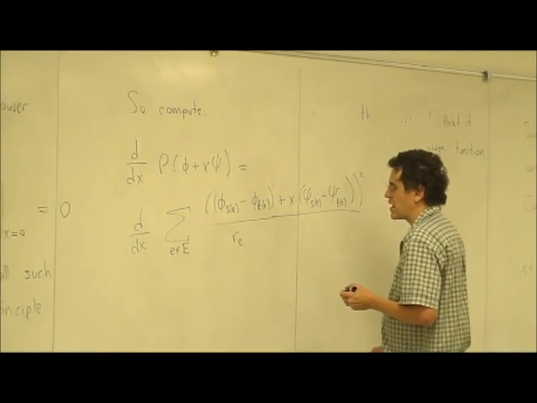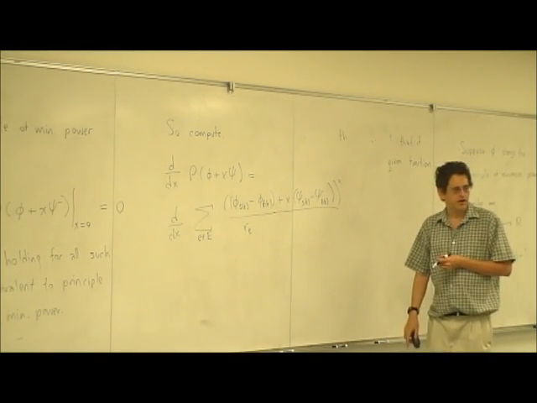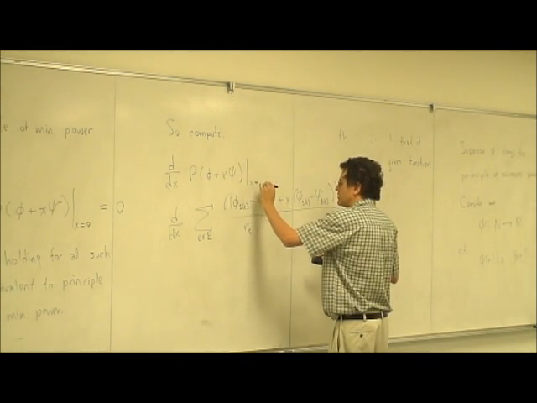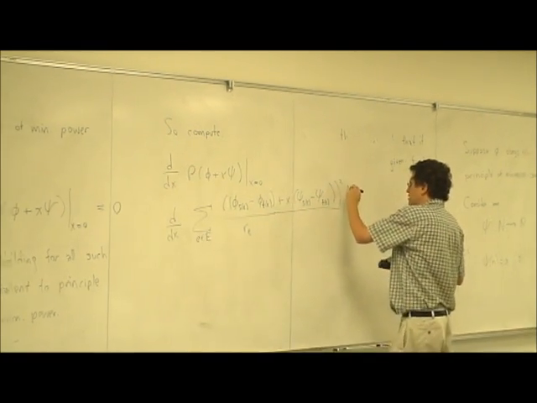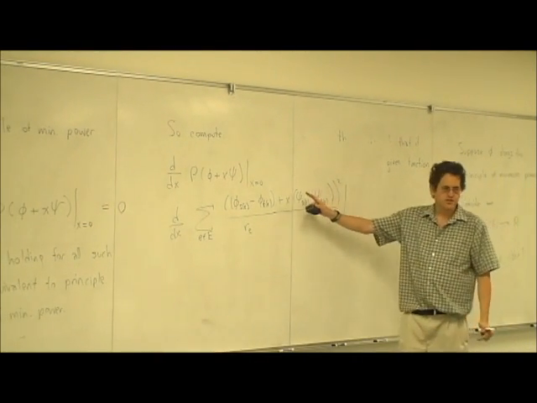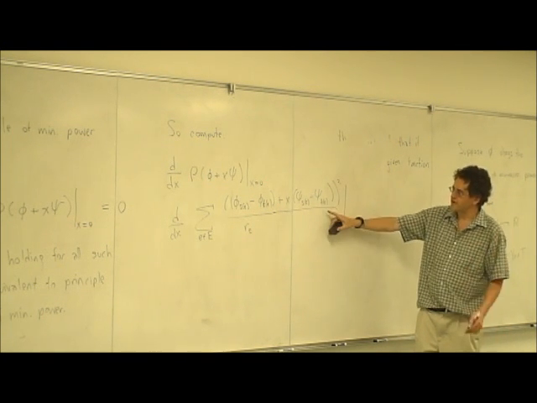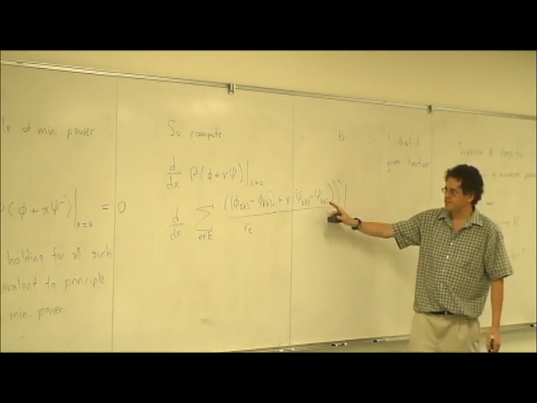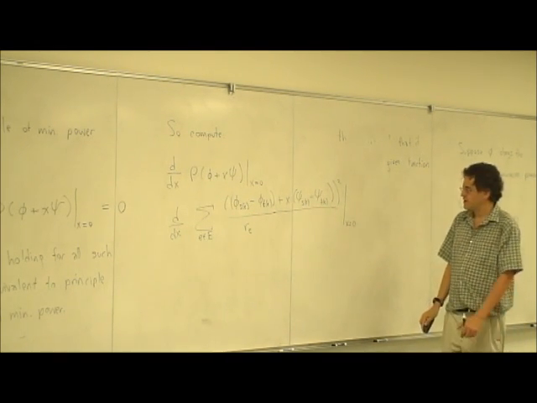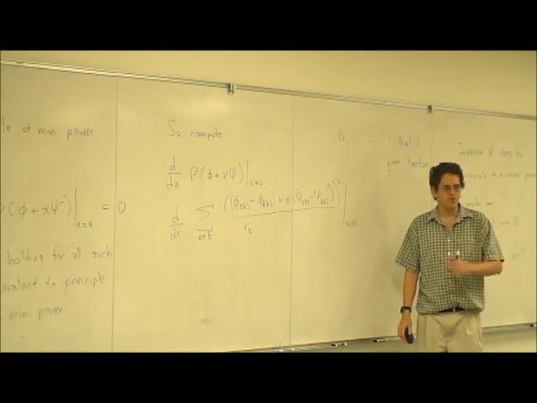But we're really going to calculate this derivative when x equals 0. We only care about what this derivative is when x equals 0. And that makes life a little bit easier, because if you imagine squaring all this crud out, don't actually do it, just imagine it vaguely, right? If you imagine squaring this out, there'll be some stuff that has no x's in it, some stuff that has one x in it, and some stuff that has some x squareds in it. So which one of those do we care about? The ones with one x, right?